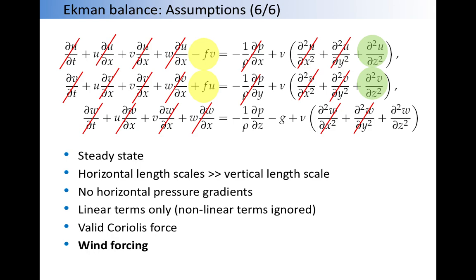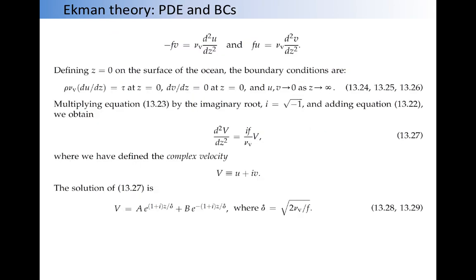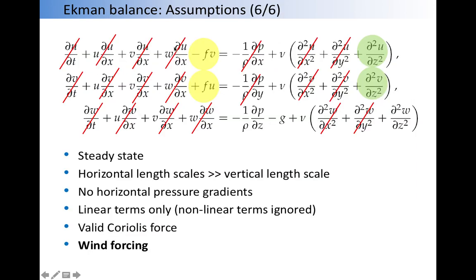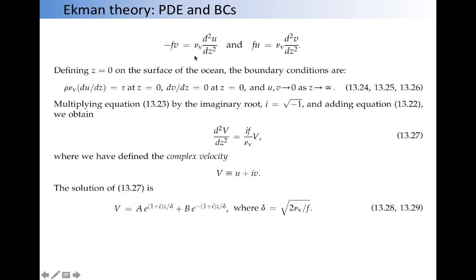If you rewrite in the next slide, I copied from the Kundu textbook chapter 13. They have nice presentations and explanations, so please refer to that chapter to see more details on the Ekman theory. So you can copy from the previous equation to simplify the form here.